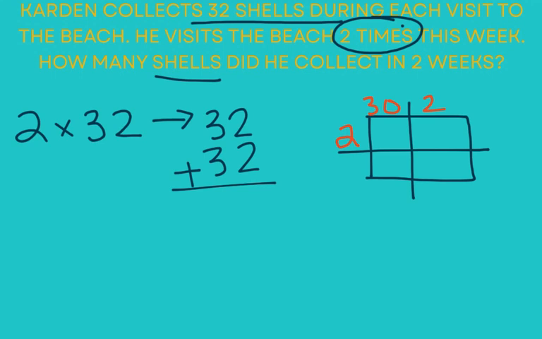Either way, 30 times 2 is that first equation, which equals 60. And then we have 2 times 2, which gives me my second partial product, which gives me 4. When I add up 60 plus 4, I am left with 64. Same thing if I were to do my repeated addition. So 64 shells.